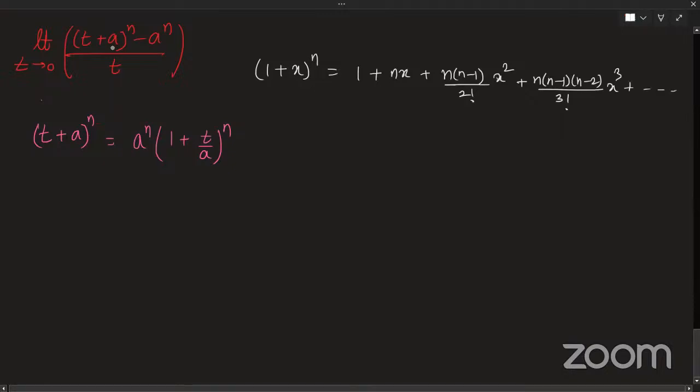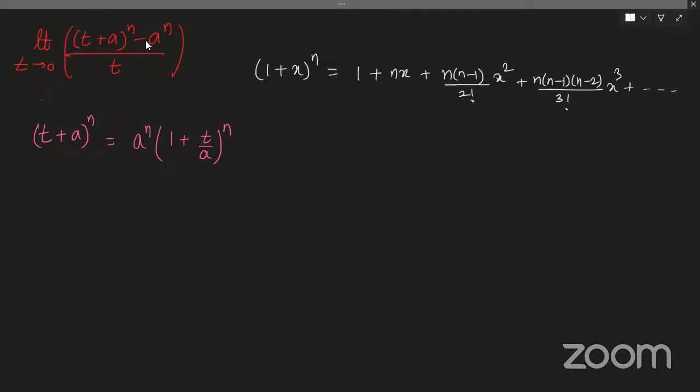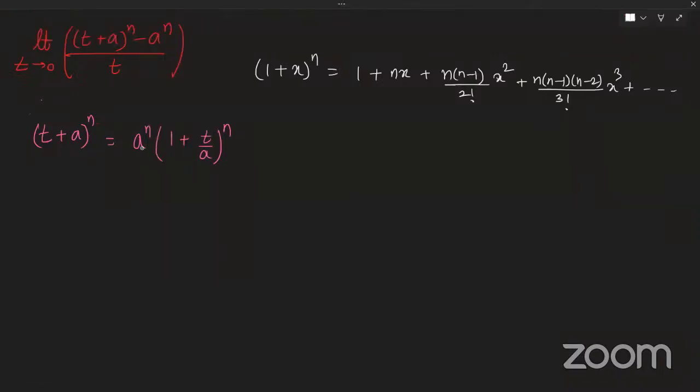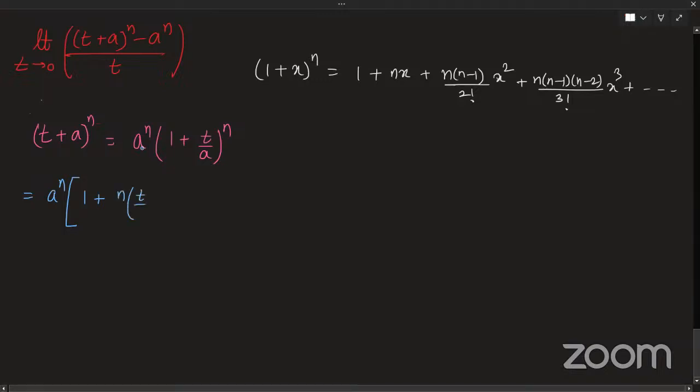So can you see a relation between (1 plus x) raised to n and (1 plus t by a) raised to n? In place of x, can I directly substitute t by a? Yes, sir. So it is a raised to n into 1 plus n into t by a plus n into n minus 1 by 2 factorial (t by a) whole square and so on, higher order terms.